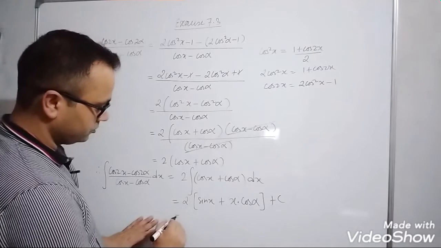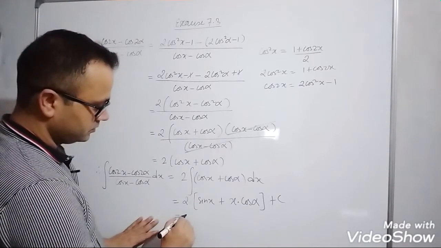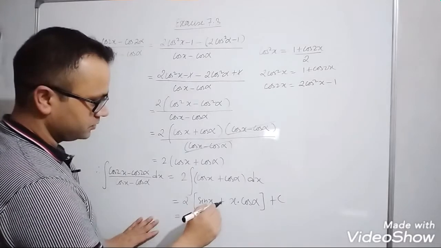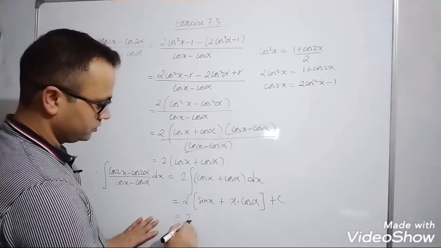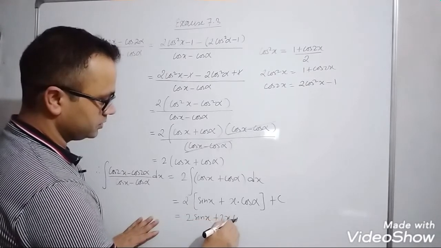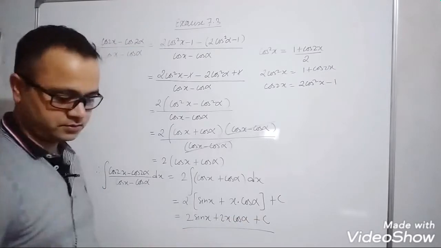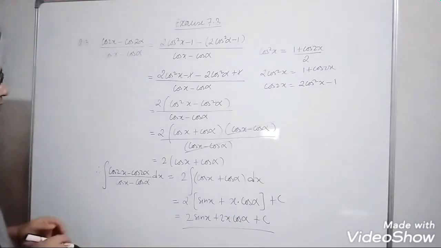So this equals 2 sin x plus 2x cos alpha plus c. Now this is the answer. This is for question number 13.